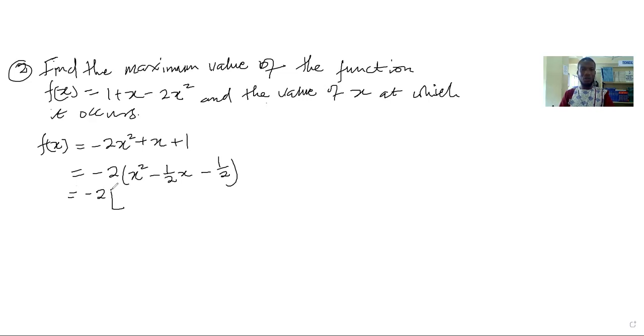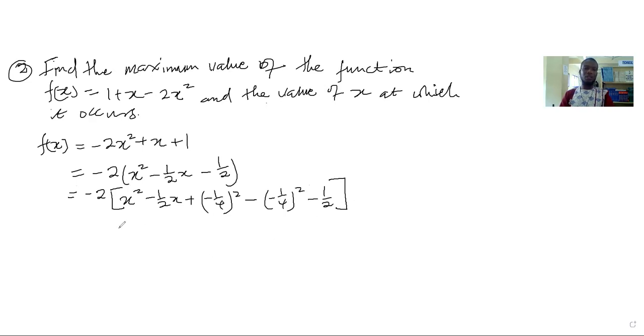We introduce a bracket, plus, remember this is negative, so we pick it, so negative 1 over 4 all squared, then minus negative 1 over 4 all squared minus 1 over 2 now.